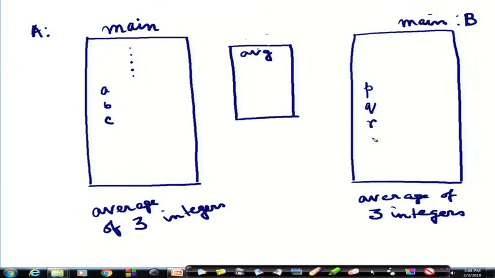It will simply, think of a box with 3 pipes coming in, and data will come in through there.